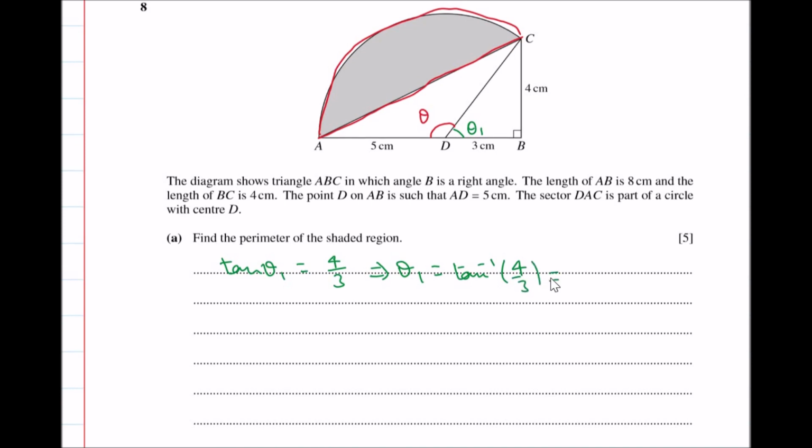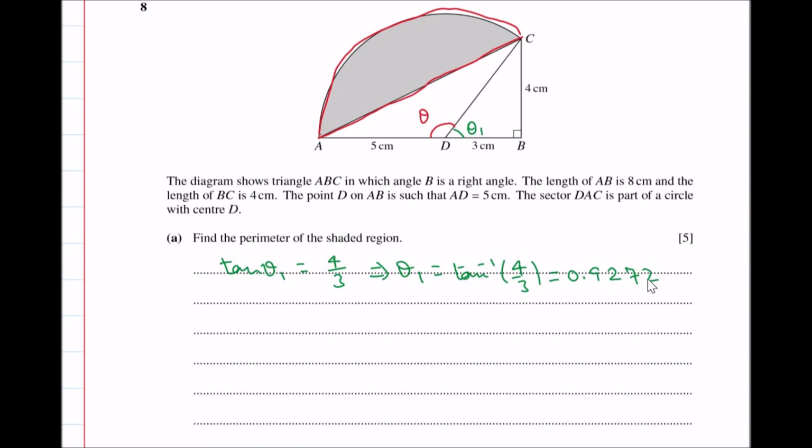And if you find the value, we get 0.9272. We should write minimum 4 to 5 SF because this is not the final answer.